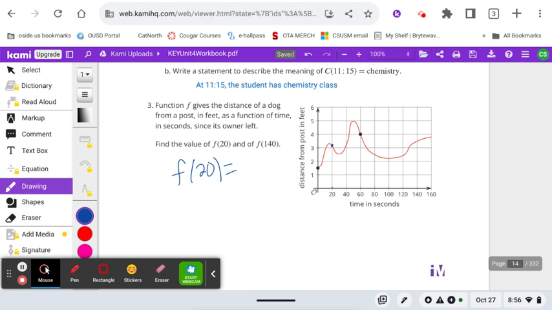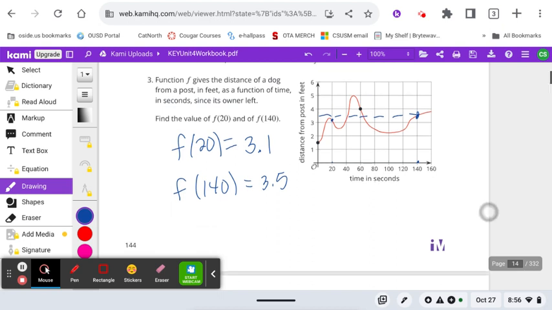It's going to be a decimal, right? Do you want to call it like it's just past 3? And then f of 140 is way over here. Follow it up. What would you call that? I don't know, 3.5, something like that, as the output. So again, where am I getting that number? I'm following it over here to look where it is falling on the y-axis.